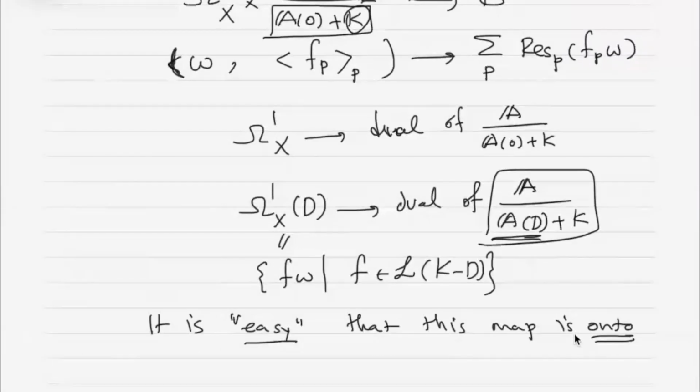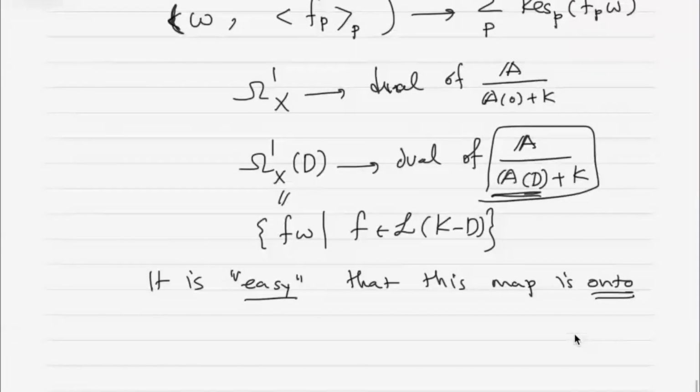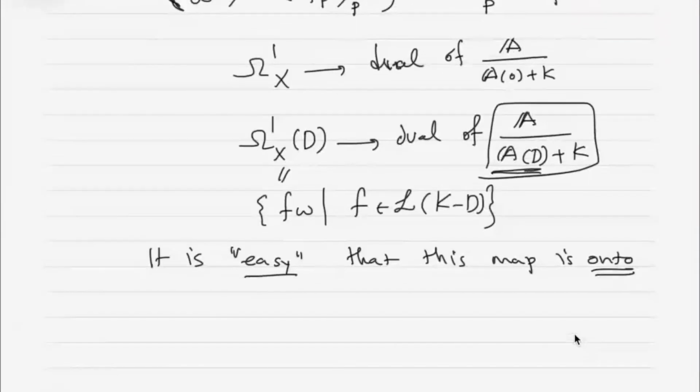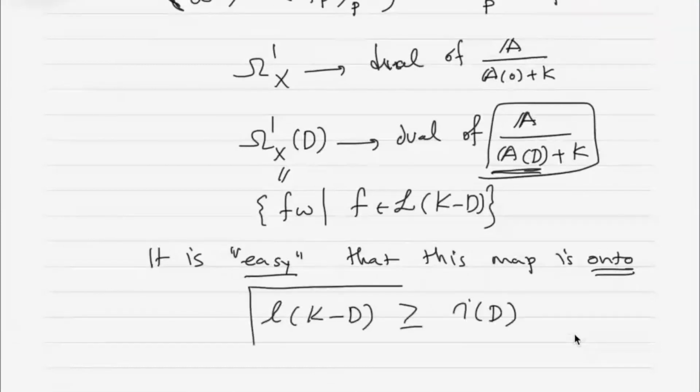And another application is that L of K minus D is bigger than or equal to I of D. So one application of this is that this space is finite dimensional.